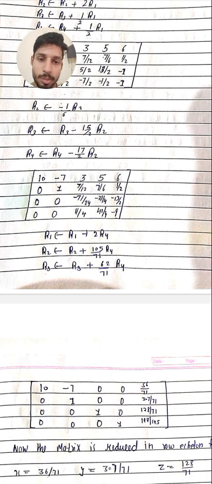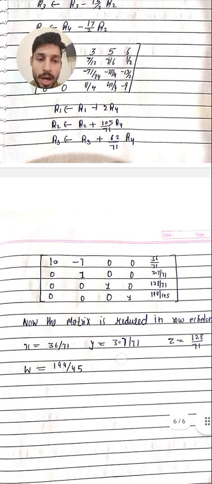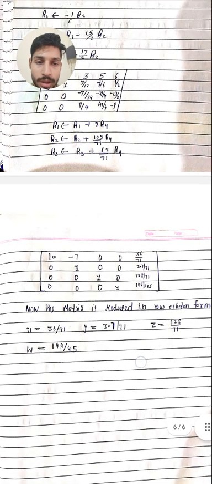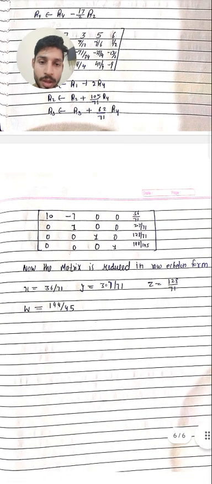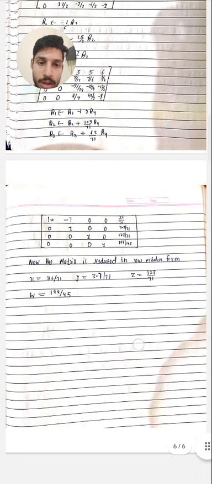After applying this operation, we will get this matrix, and then in step 3 we will apply 3 more operations, which will be R1 is equal to R1 plus 2R4, R2 is equal to R2 plus 105 by 71 R4, R3 is equal to R3 plus 62 by 71 R4. After this we get our resultant matrix. Now we can see that the value of w is equal to 199 by 4 by 5.